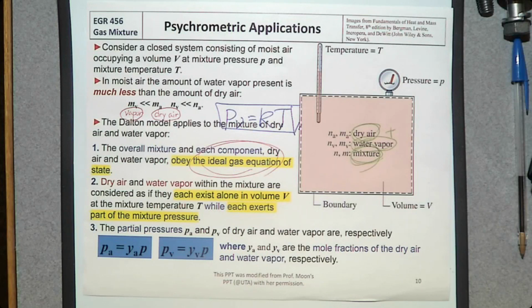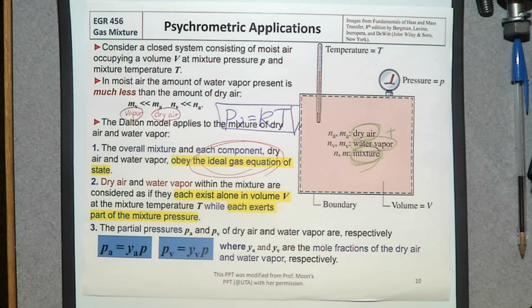So when we say there's moist air in this classroom at about 100 kilopascal, that is this P. There is a partial pressure of dry air and a partial pressure of water vapor, depending on the ratio between dry air and water vapor.